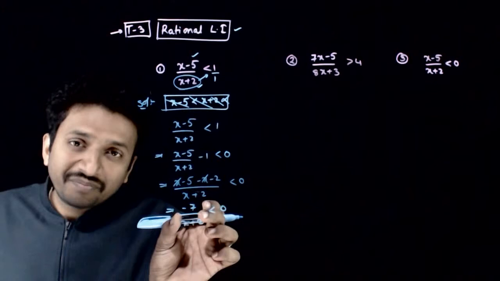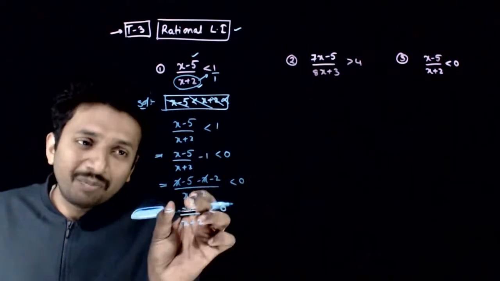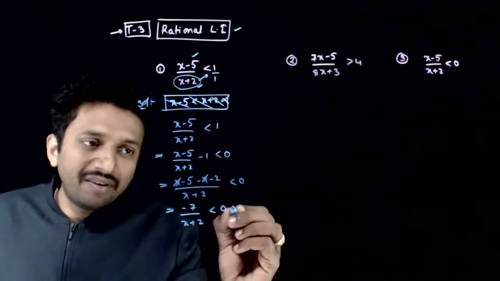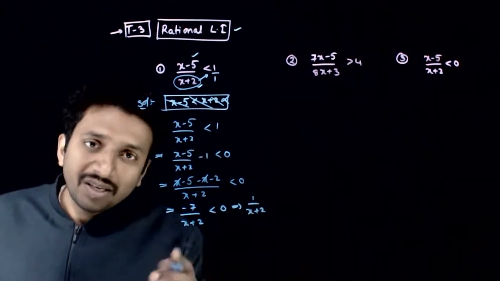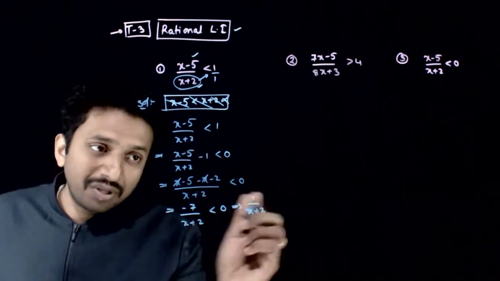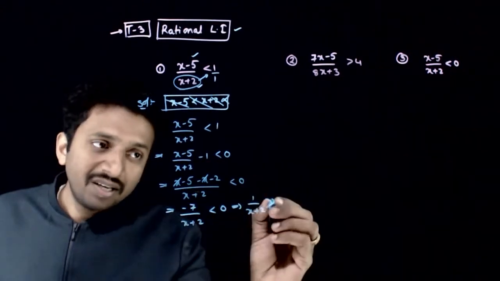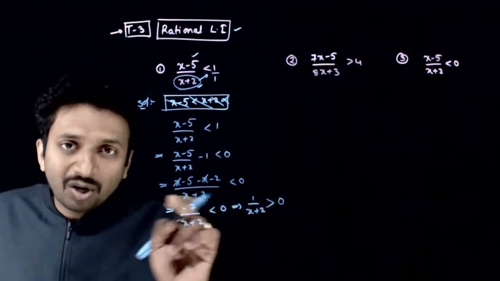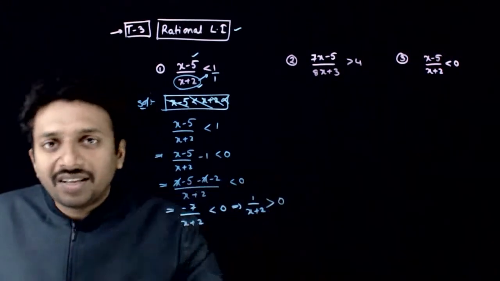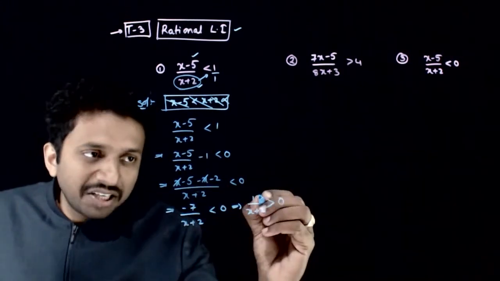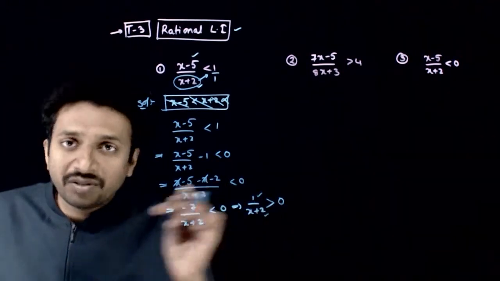If I divide both sides by minus 7, I get 1 by x plus 2. I am dividing with a negative number, so the sign of inequality reverses, greater than 0, because 0 by minus 7 is also equal to 0. So 1 by x plus 2 is greater than 0. You have a fraction, numerator by denominator, that is positive.